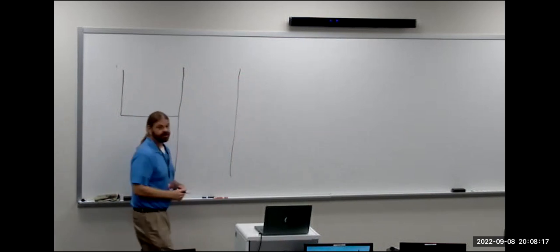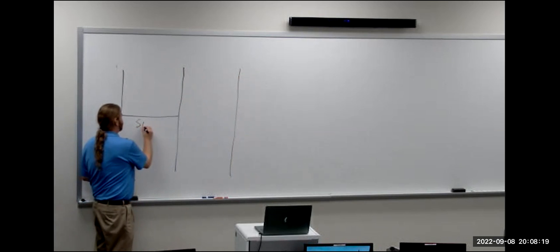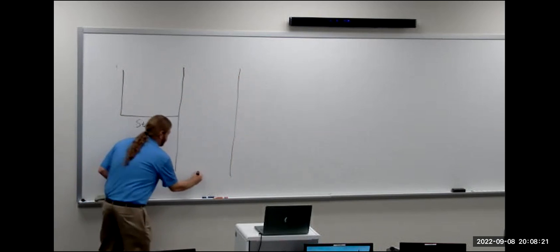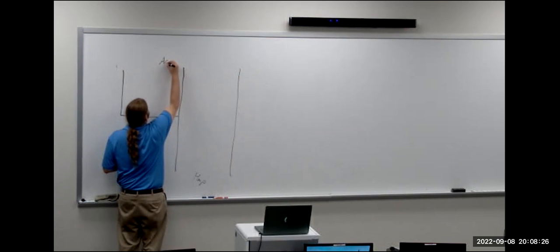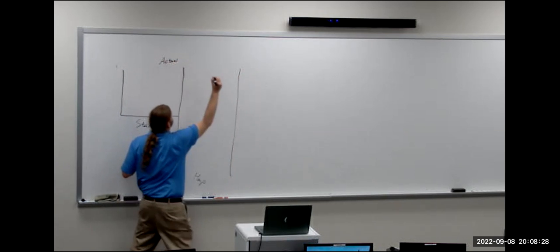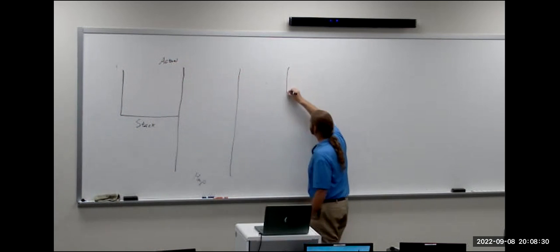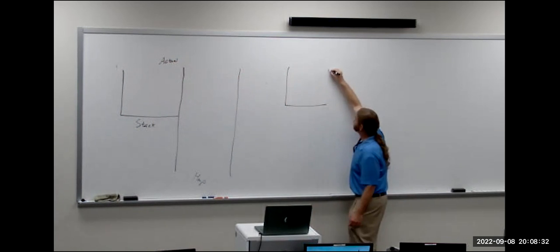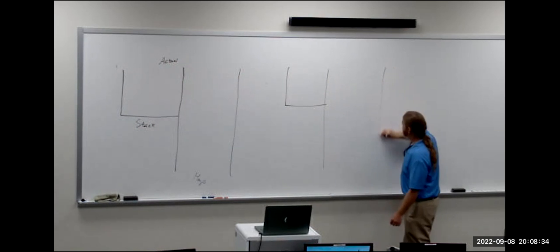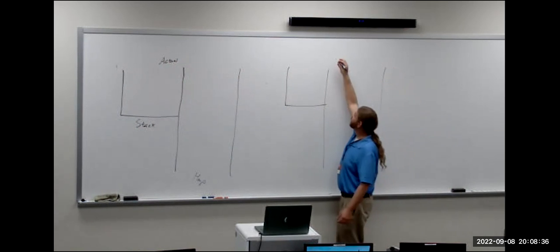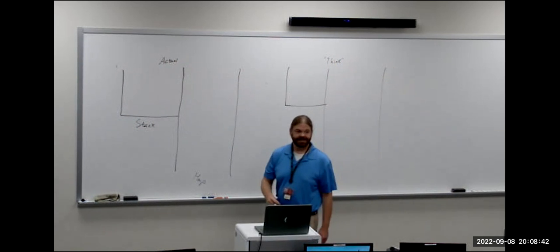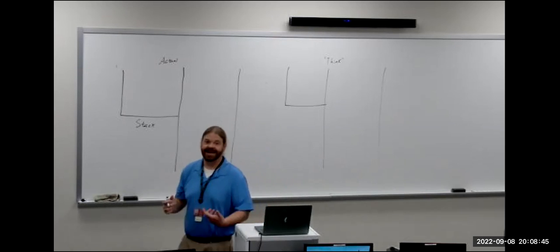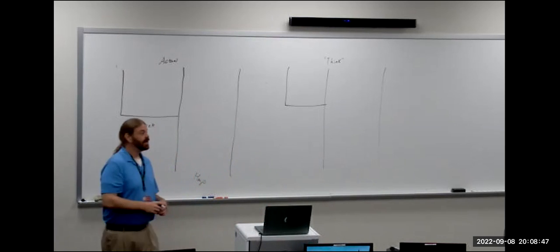So for this, I'm going to draw two stack heap diagrams. One for the actual version, and then the one we're going to think about, how we're going to think about it most of the time, unless it's one of the times we really need to dig into the actual version.